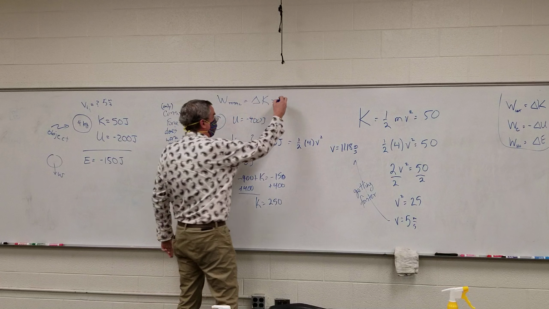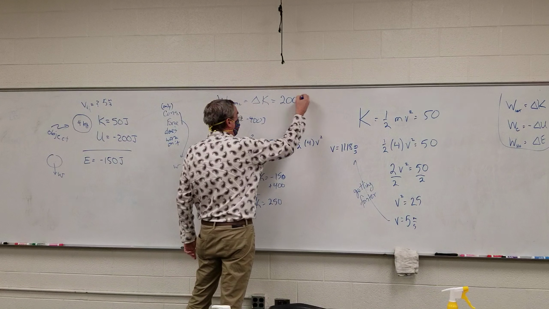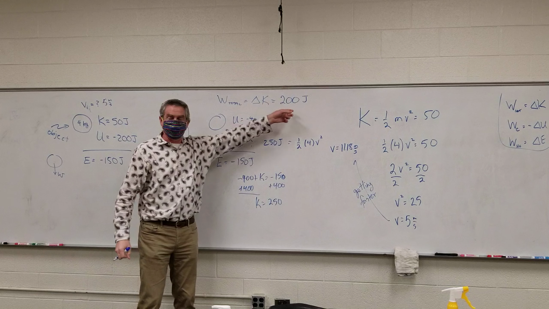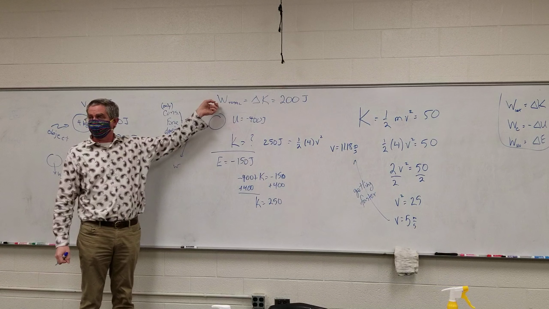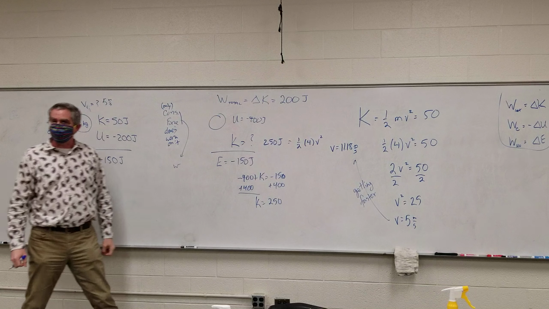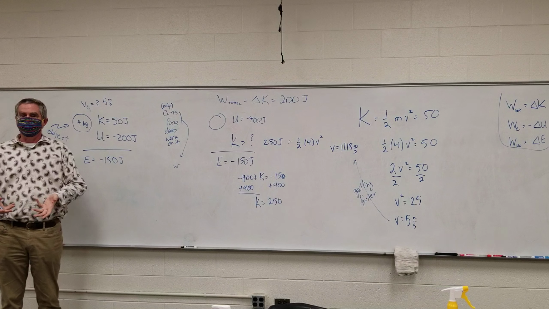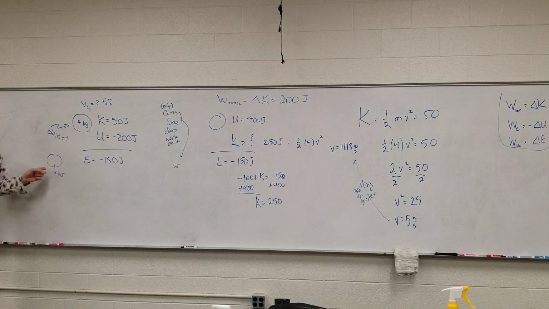There we go. Is that a positive or negative number? Positive. All right, therefore the work was positive or negative? Positive. So positive work means that the force was in the direction of movement. Since weight acts down, the movement had to be down.